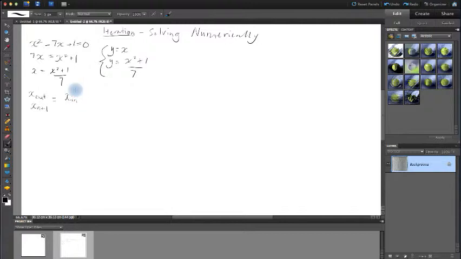So xn plus 1 is xn squared plus 1 over 7. You can think of it as in and out, but more correctly it's written as n and n plus 1.